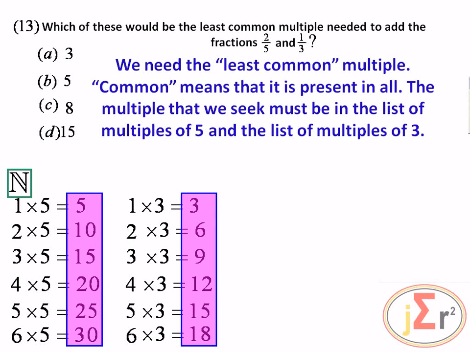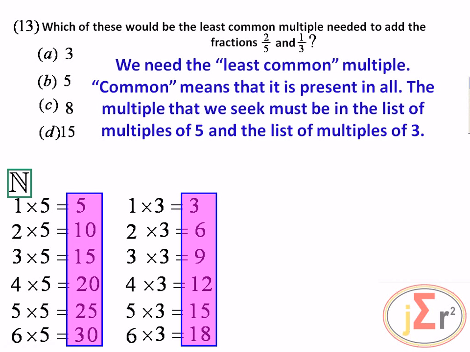So look in the two lists, Jerry, the two lists that we have there. We have the list of multiples of 5 right here, the list of multiples of 3 right here. Which number is present in both lists? 15. 15 is present in both lists.